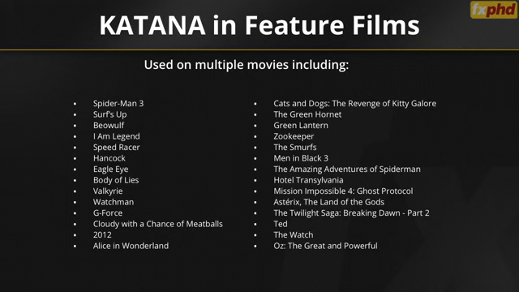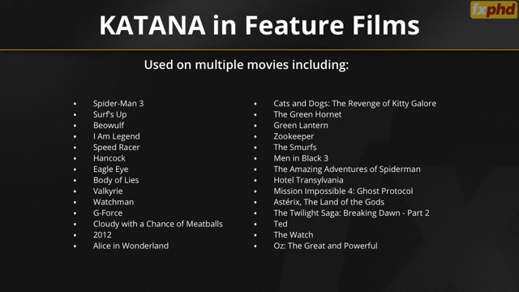But then you've also got other companies doing things like the end sequence in the garage of Mission Impossible 4, Ghost Protocol. Tippett Studio has been using it on Breaking Dawn Part 2. We've also seen Ted used on it, The Watch, and of course Sony are now working on The Great and Wonderful, the Oz film. So many films are using Katana, and as the client base grows, we're going to be finding that more things are coming out.